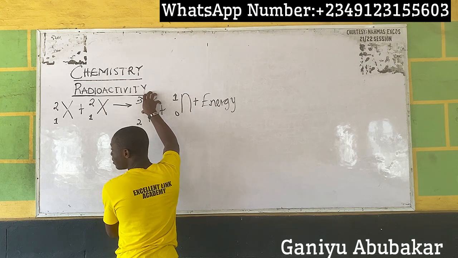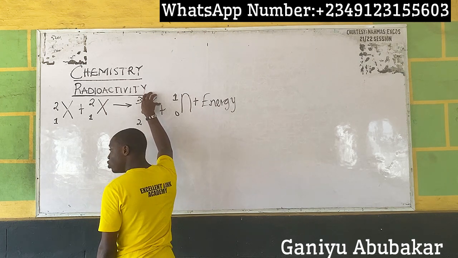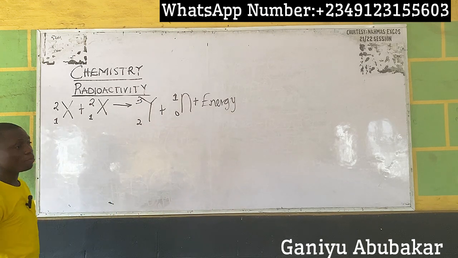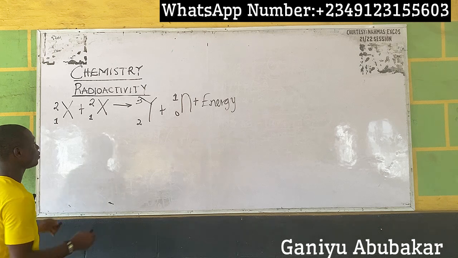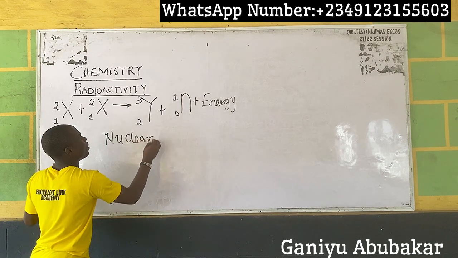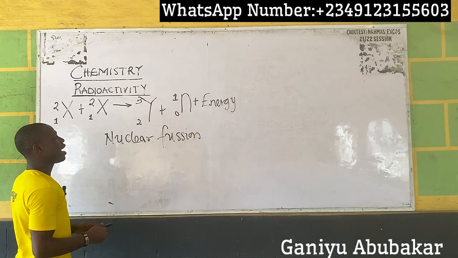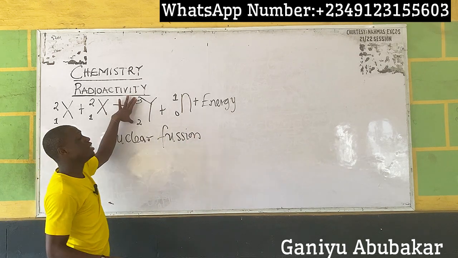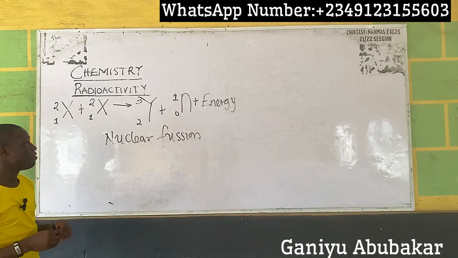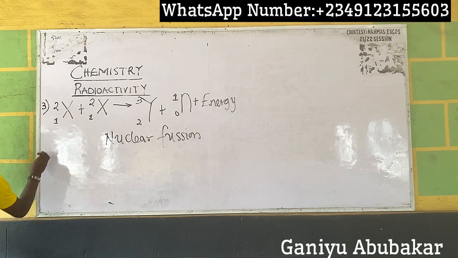So this equation becomes a nuclear fusion. Why? Because I have higher values on the product side than the reactant side. Let's get the other one done.